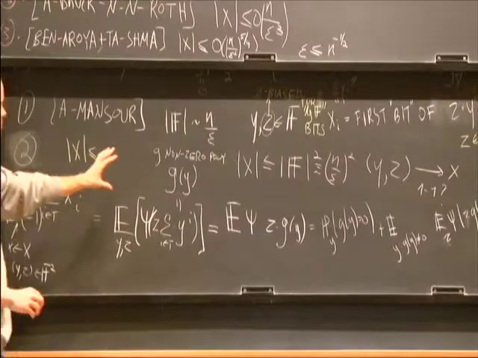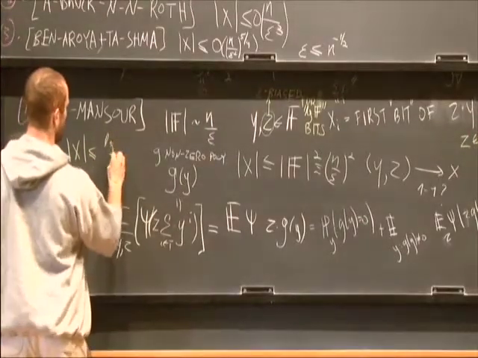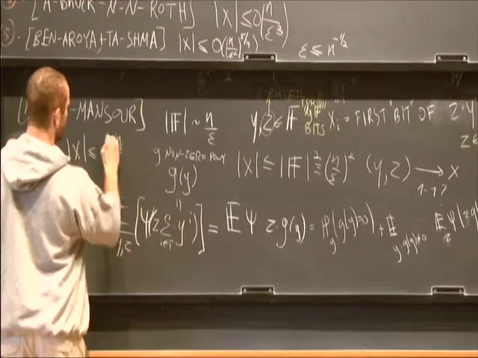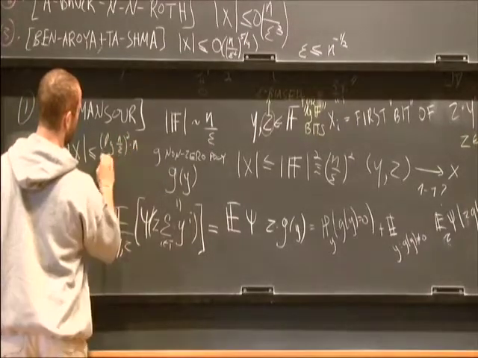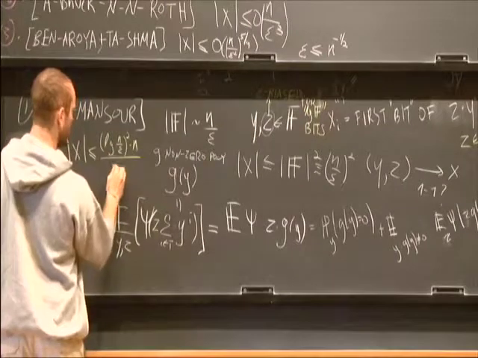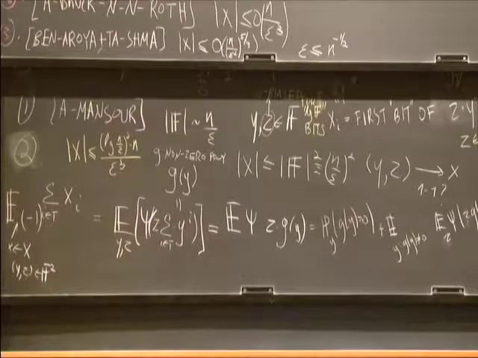So what we just showed is a set of size log n over epsilon squared times n times epsilon to the power of 3. This is what we showed now.